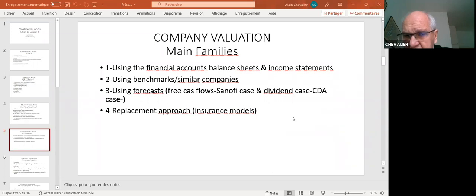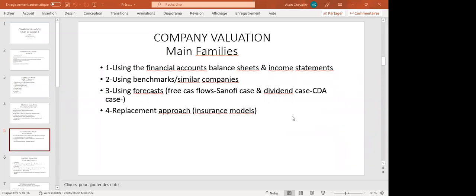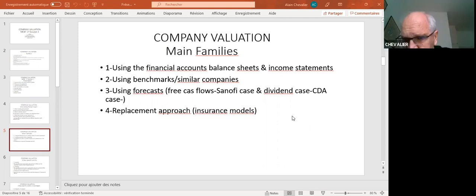This forecast could also be based not on the free cash flow but on dividend policies. We see the main models using dividend policy, the CDA and Gordon and Shapiro. And we will meet the same question: what about dividends 15 years from now? But it's easier to manage in terms of calculation, in terms of mathematics, because we have a convergence algorithm which allows us, under certain conditions, to solve the problem.